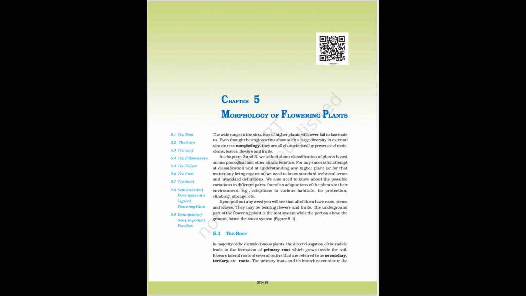Exercises. 1. How is a pinnately compound leaf different from a palmately compound leaf? 2. Explain with suitable examples the different types of phyllotaxy. 3. Define the following terms: A. Aestivation. B. Placentation.